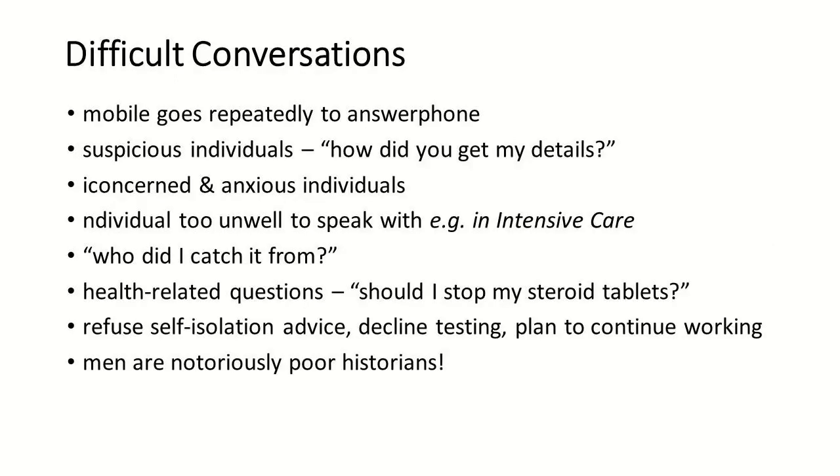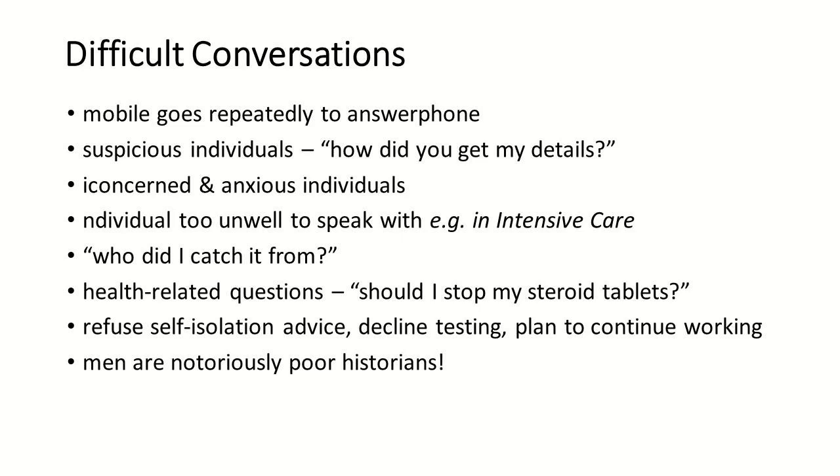So the difficult conversations in relation to contact tracing, some of these we've already alluded to. It's going to be very frustrating when the mobile phone of a contact repeatedly goes to answer phone. You will find some people are quite suspicious when you contact them by phone, and they want to know how you got their details, how you found out about them, who gave you their mobile number.